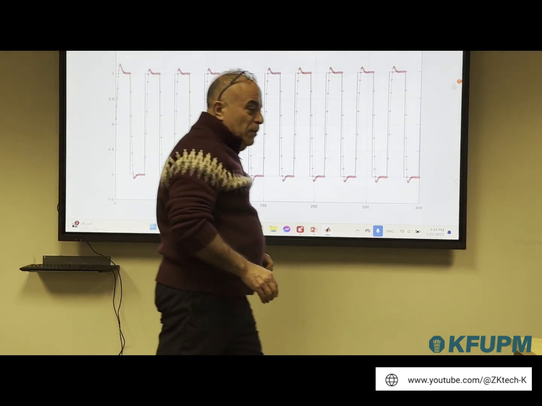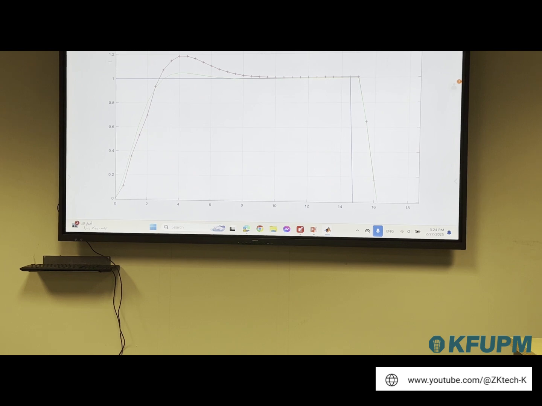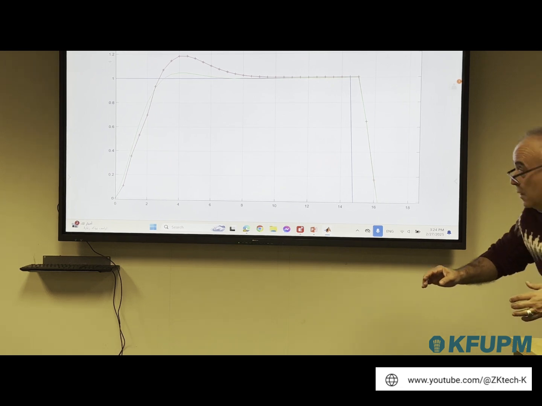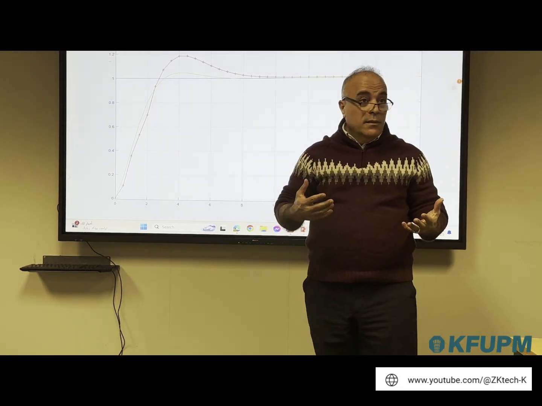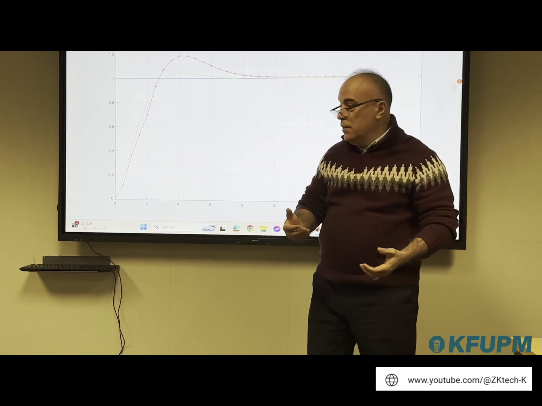So if you zoom on one of these, so if I zoom on this part, for example, here, you can see the difference between your reference model and the real system. And you see here, the values are incorrect. Your parameters are not the right values because you are still in transit in the identification.